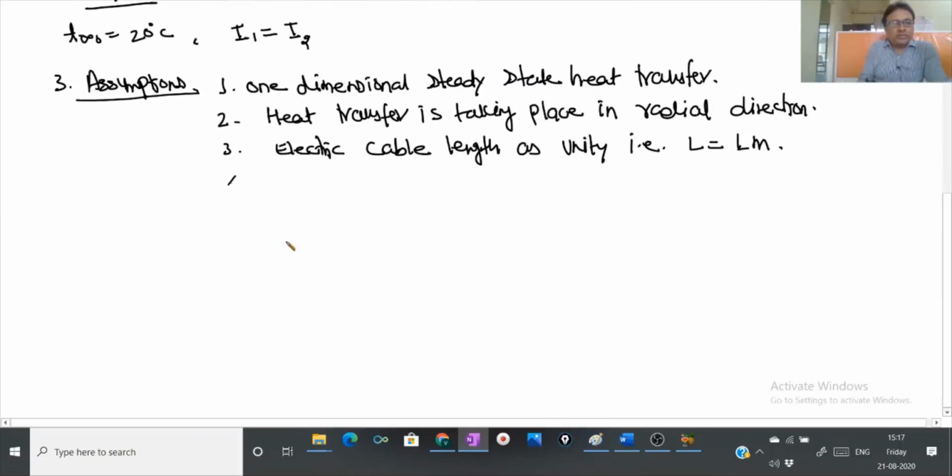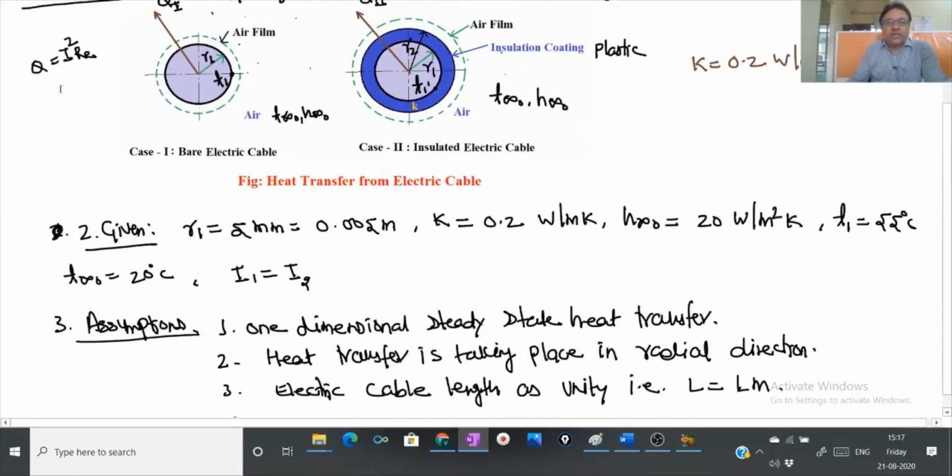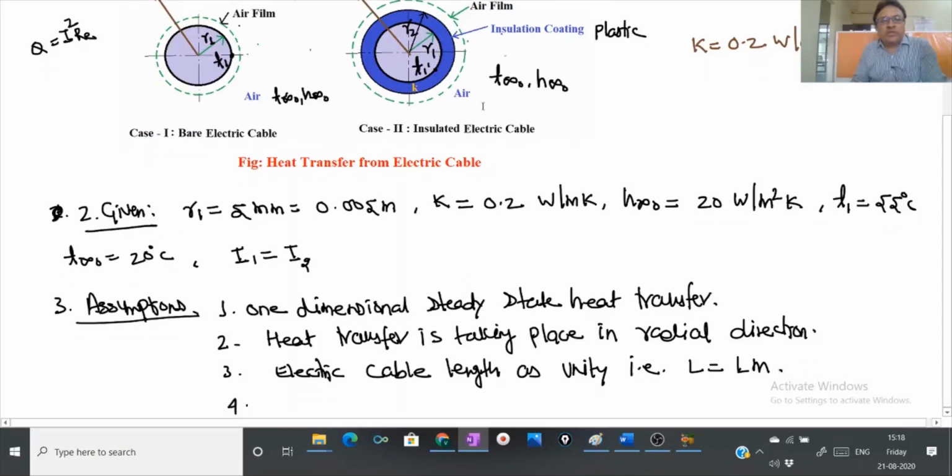Next assumption, once again in case 2, we have electric cable material and insulation material coming into contact. So at the contact, thermal resistance may come into picture due to imperfect contact. Nothing is given regarding thermal contact resistance, so we will be neglecting its effect.